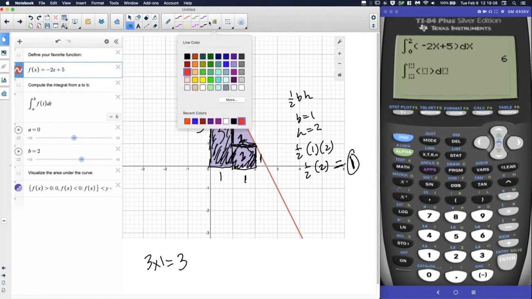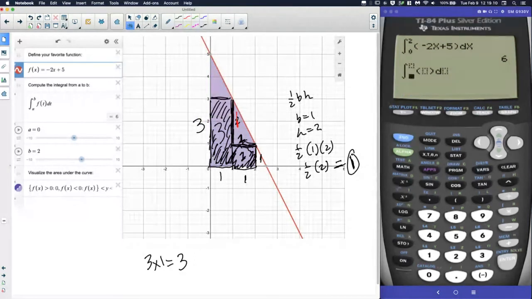Let's use a different color. So this is 1. This whole thing here, area equals 1. And if you look here, isn't this the same shape? So the area here equals 1.